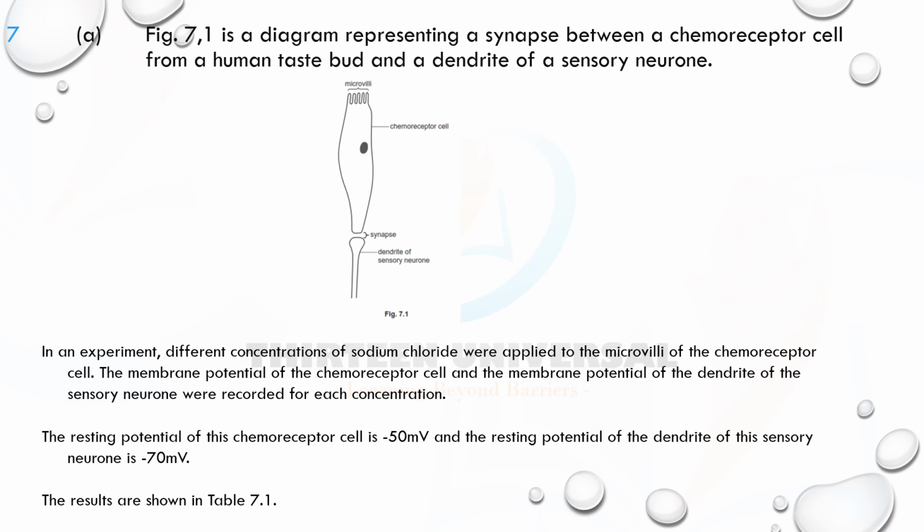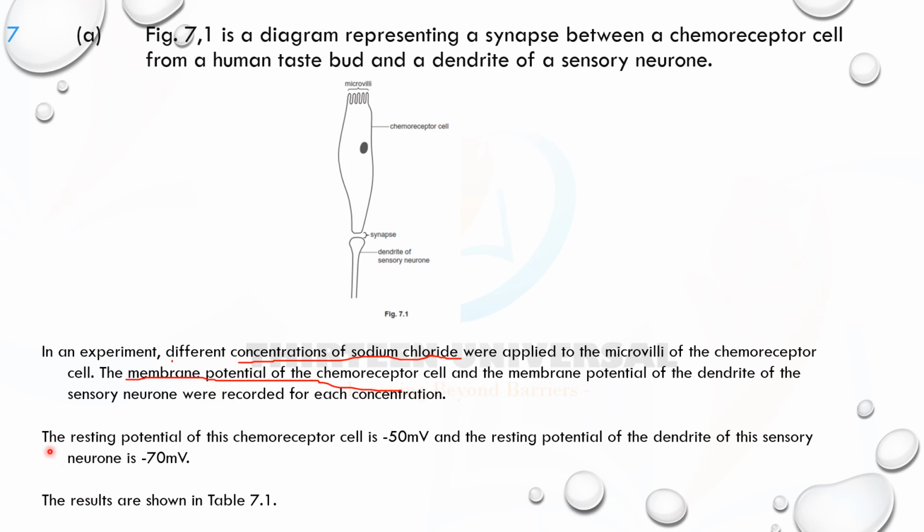We have different concentrations of sodium chloride applied, and then the membrane potentials are measured. Concentration of sodium chloride or membrane potential, which one do you choose, guys? Of course, concentration of sodium chloride, because we are changing this and then measuring that.